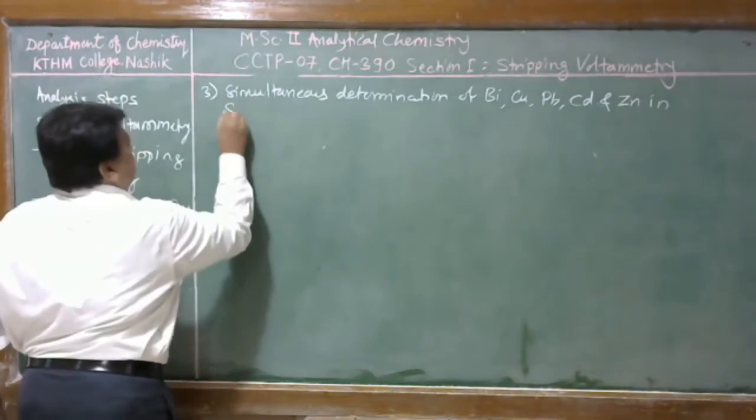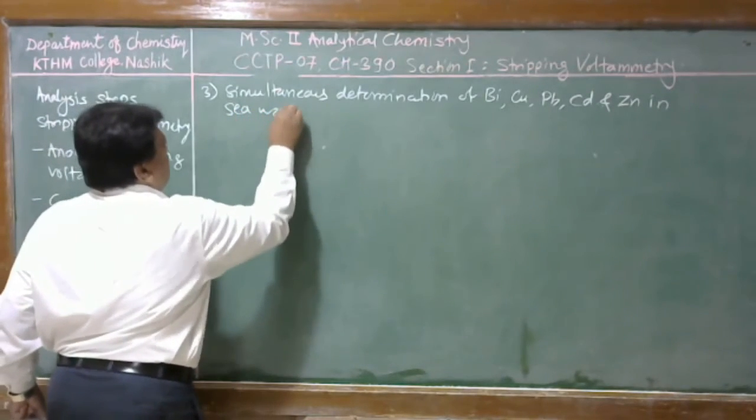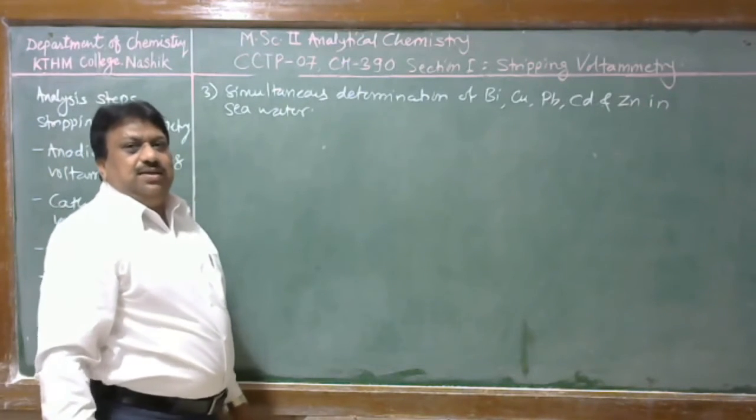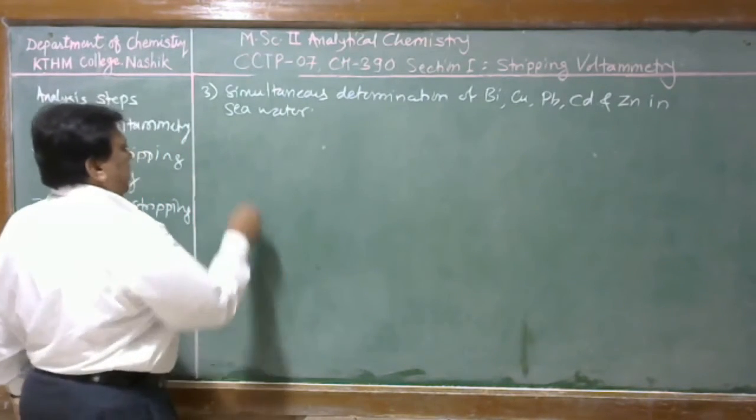Therefore, simultaneous determination of these different cations is possible by anodic stripping voltammetry.